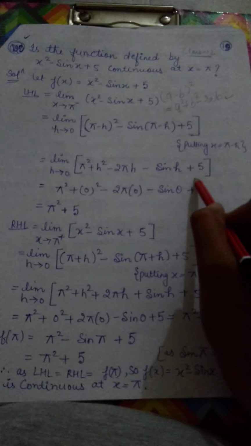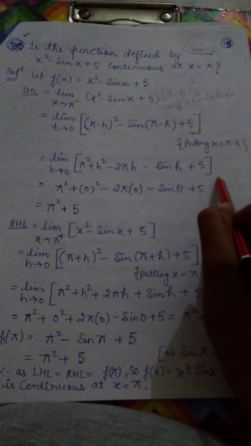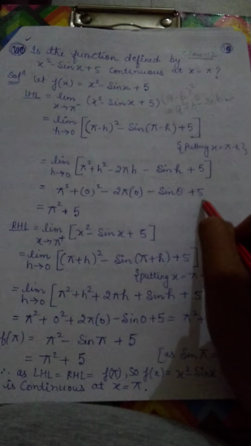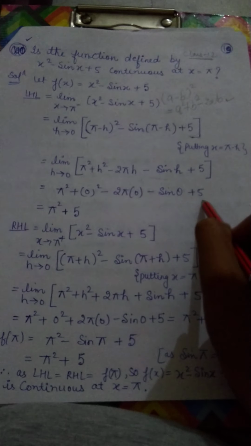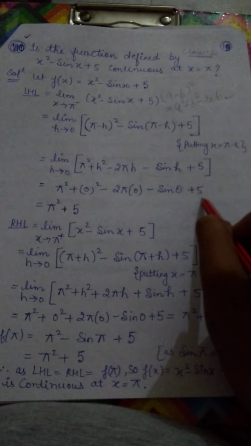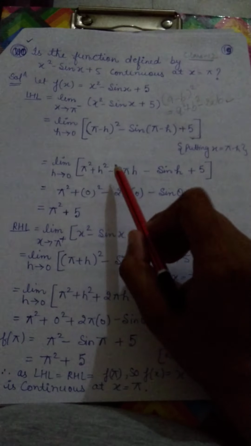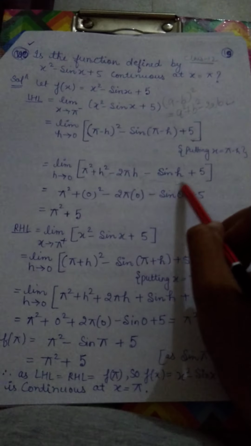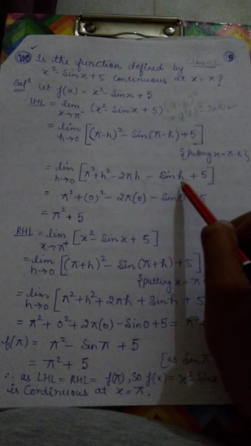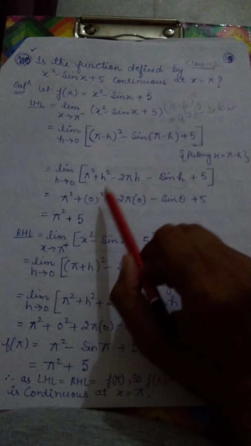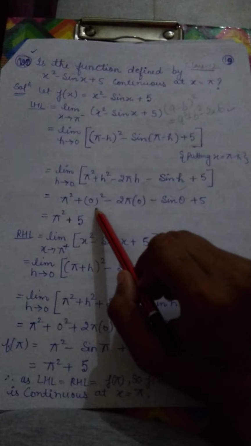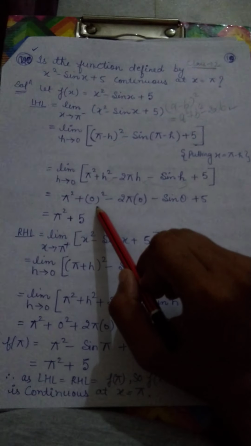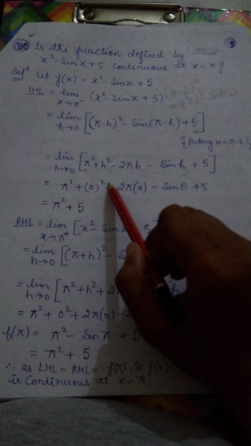so I have replaced it: sin h plus 5. Now in the next step I will put the value h is equal to 0 wherever h is there, like h is here, here is h, here is h. When I put h is equal to 0 over here, what will I get?